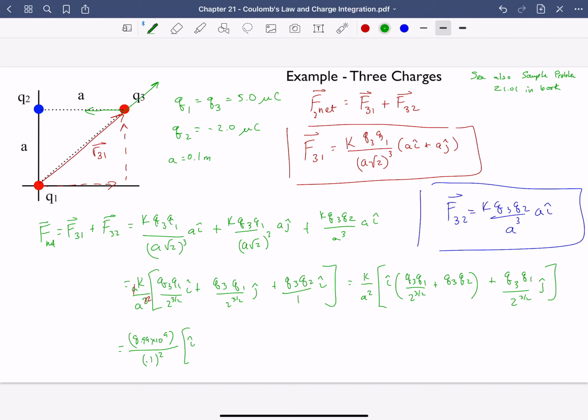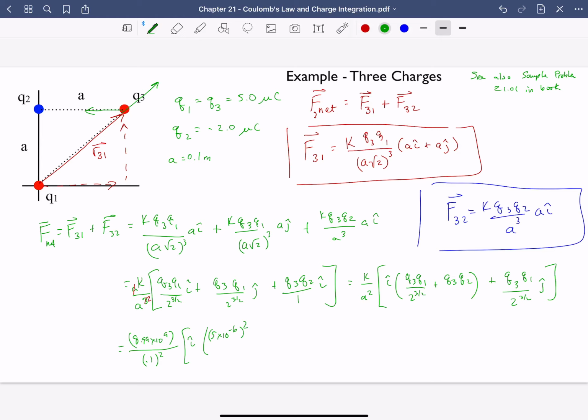And I'm going to have I hat, and I'm going to have Q3, which is 5 times 10 to the minus 6. Always put standard units in. You put standard units in, you get standard units out, which means that if I put all the charges in coulombs and not microcoulombs, I'm going to get newtons out for the force and not some weird unit. So it's 5 times 10 to the minus 6. And then Q1 is also 5 times 10 to the minus 6.